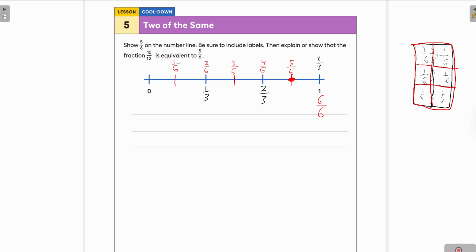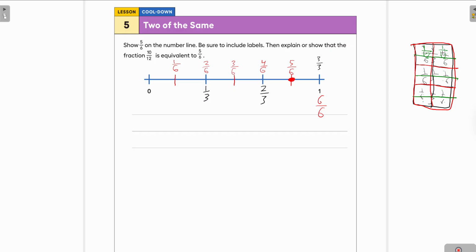If we cut this in half, so right now we have 6 parts, right? 1, 2, 3, 4, 5, 6. If we cut this in half, notice that now we're going to have 12s. 1, 2, 3, 4, 5, 6, 7, 8, 9, 10, 11, 12. Such that each little part is going to be 1 out of 12.